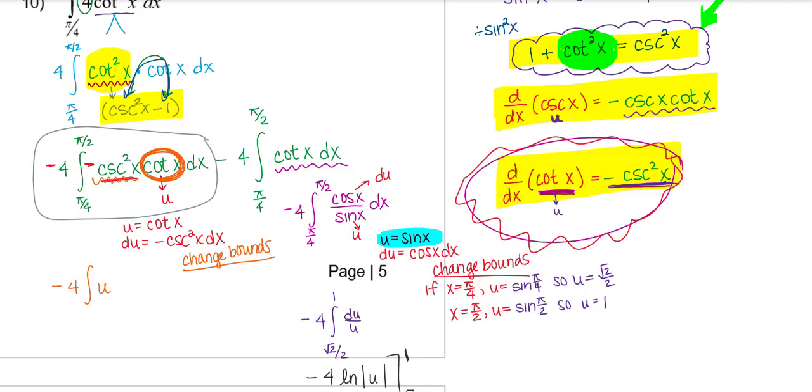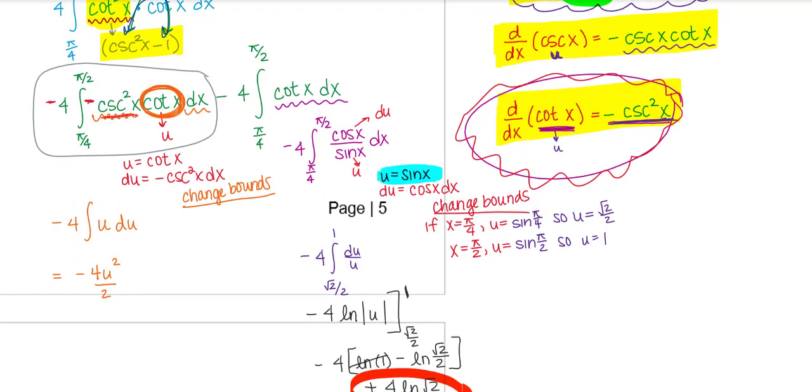And the negative cosecant squared x dx was what we said was du. So I'm just integrating u, which I know to be u squared over 2. So ultimately, I know this part is just going to be -2 u squared.